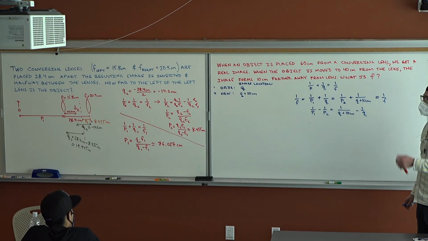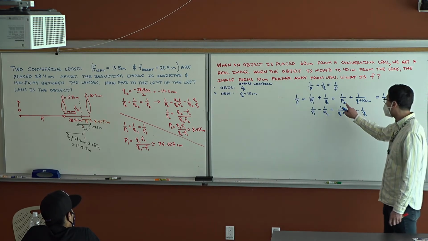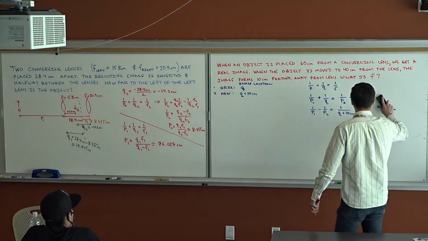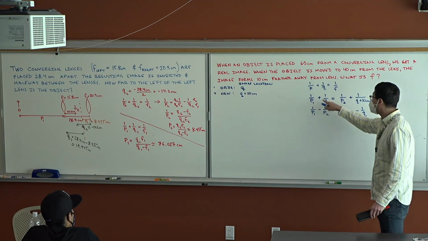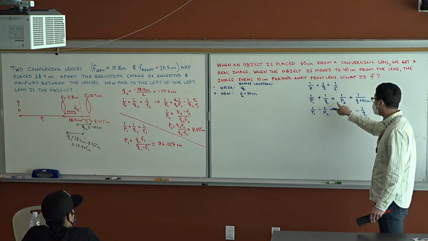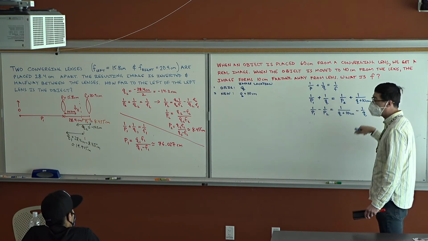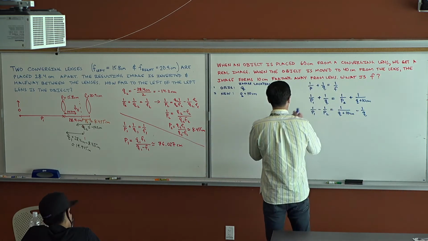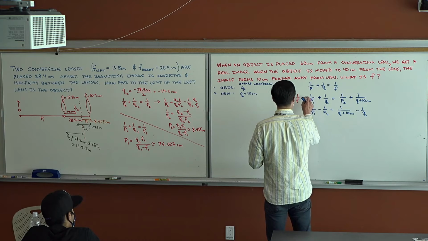I just put all the P's to one side, since both of these are equal to 1 over F. So I brought the P's to one side and everything with a Q on the other side. Common terms on the same side.